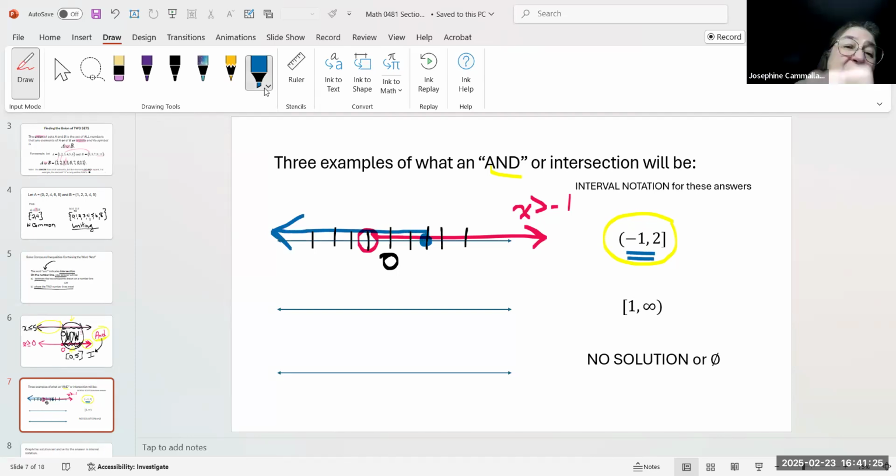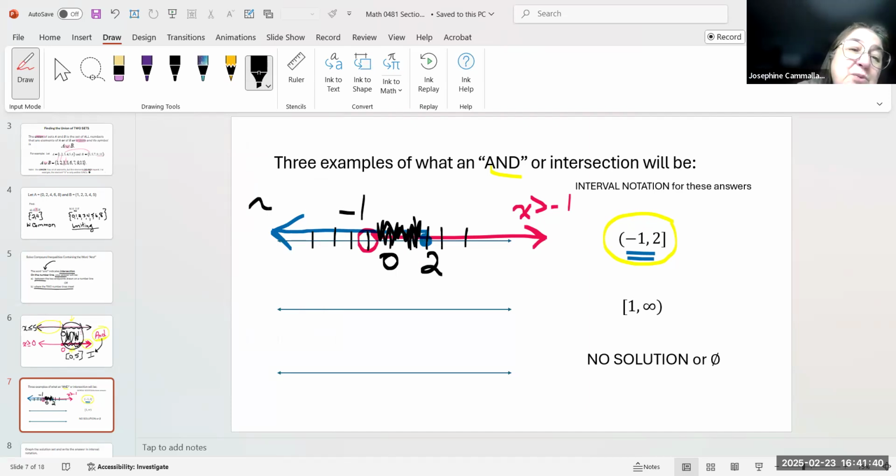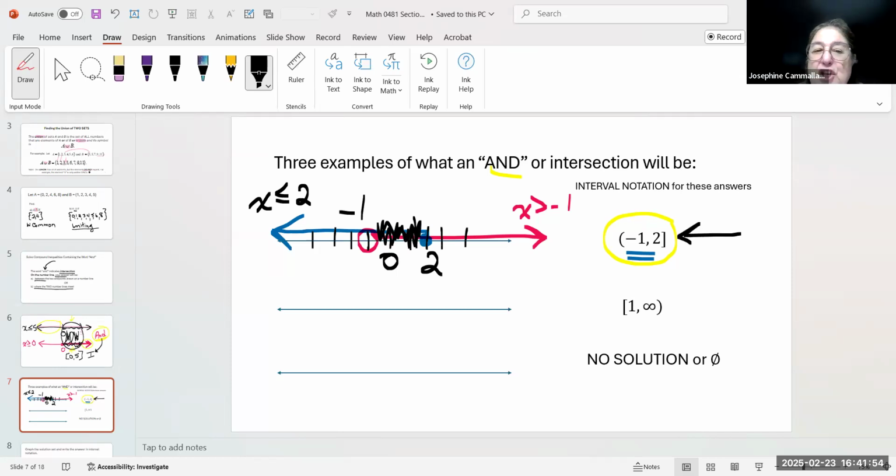This answer is what's between the two dots. That's the easy part. This is -1. This is +2. This was x less than or equal to 2. Notice my red equation and my black equation I graphed on the same line. My interval notation answer is between the two dots.